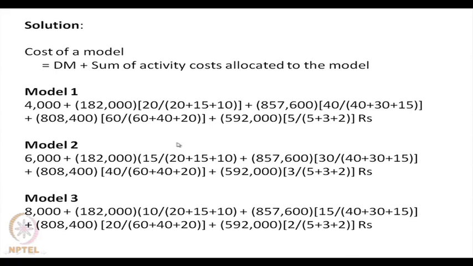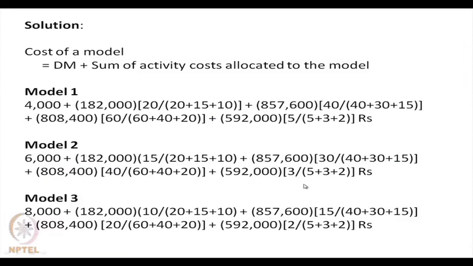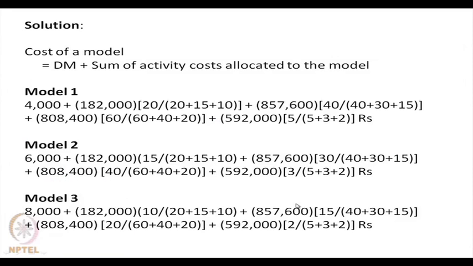And similarly 808,400 multiplied by 60 divided by 60 plus 40 plus 20, and in a similar fashion 592,000 multiplied by 5 divided by 5 plus 3 plus 2. So, this is how model 1 is calculated, and in a similar fashion model 2 and model 3 will be calculated.